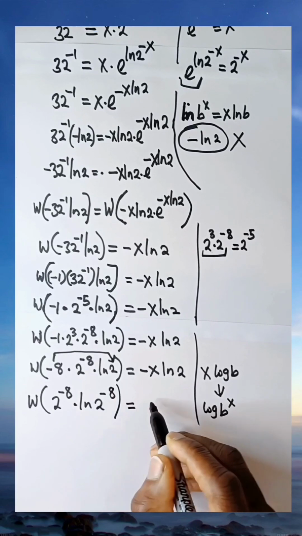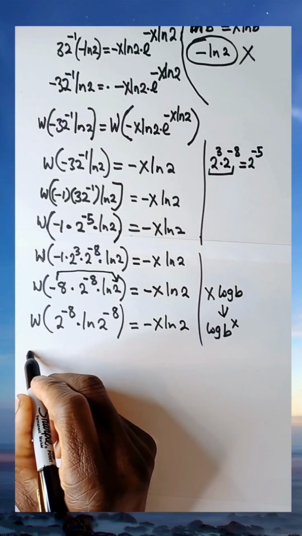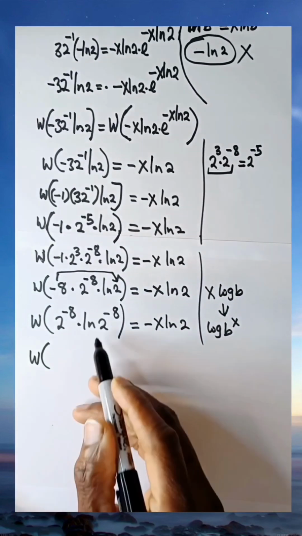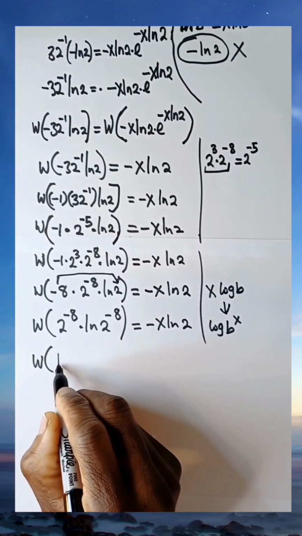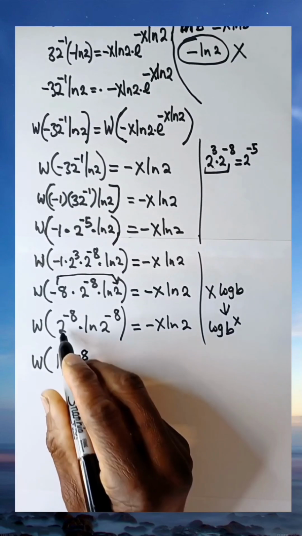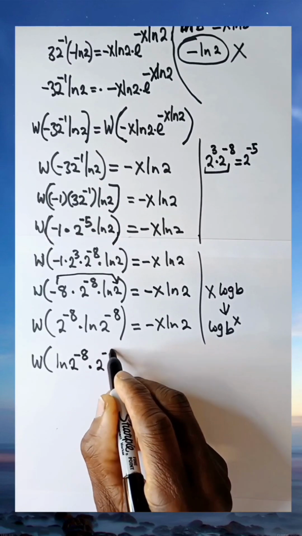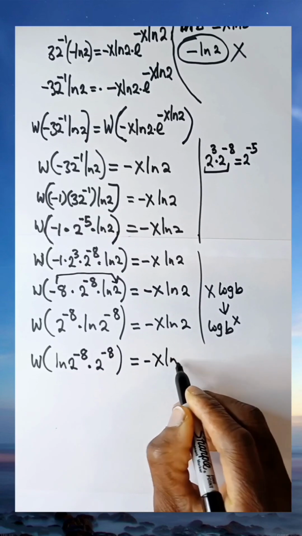And this is equal to minus x times the natural log of 2. So we will have the Lambert W of, here I'm going to swap the position of these two numbers. So we will have the natural log of 2 raised to the power of minus 8 times 2 raised to the power of minus 8. And this is equal to minus x times the natural log of 2.